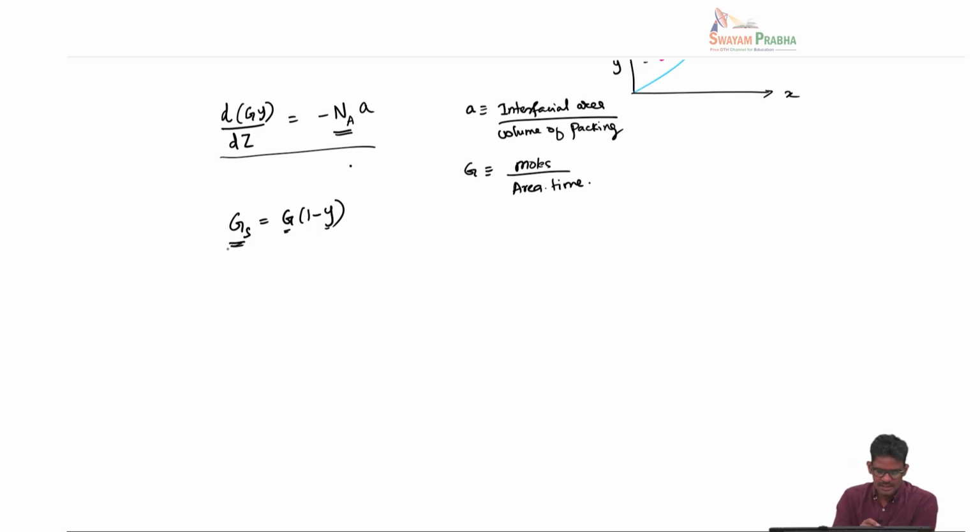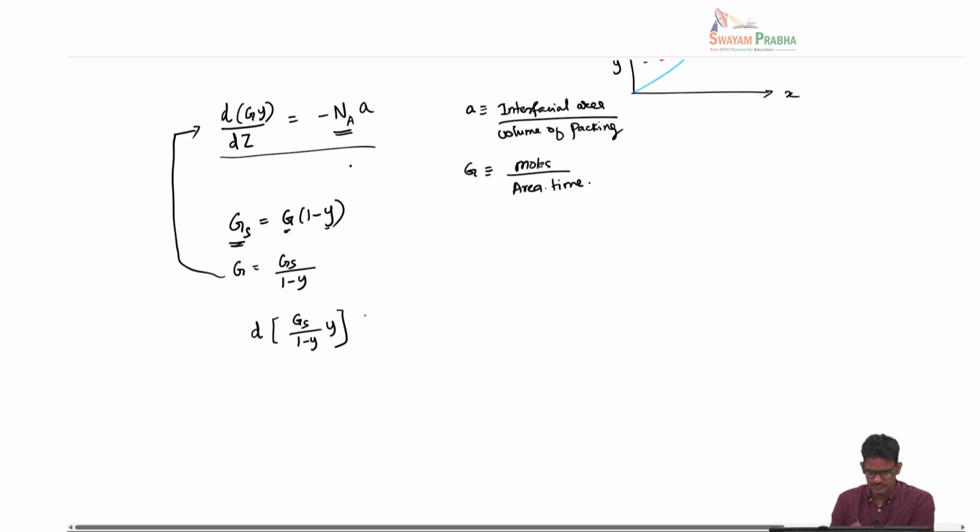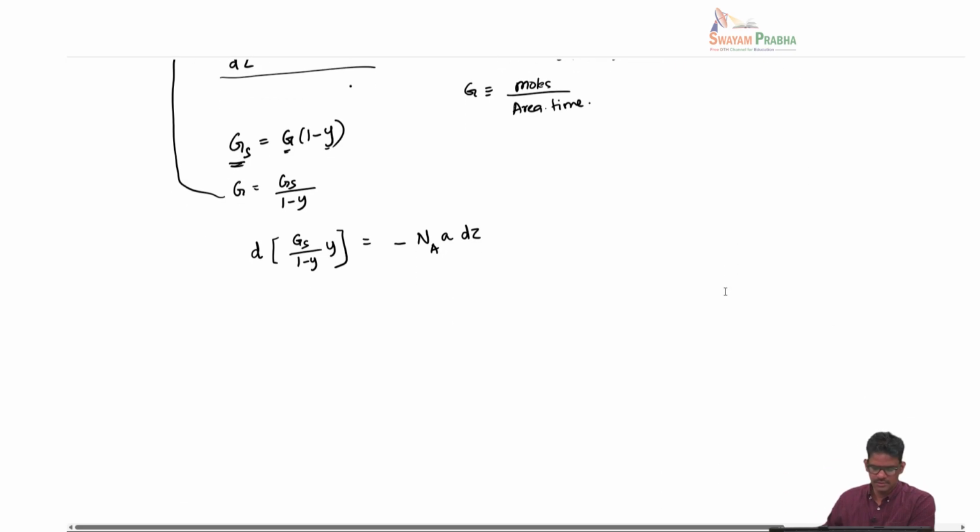So, I can substitute for G as Gs over 1 minus Y in this equation, right. So, I will get Gs, and now I can take Gs out because Gs is constant.